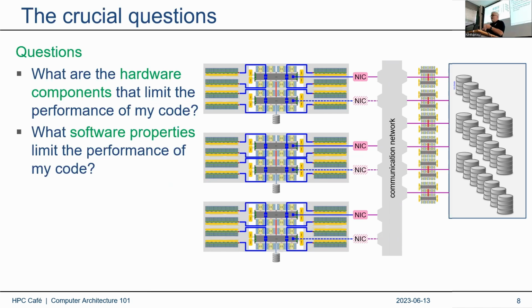Because if you know what is the hardware factor that limits your performance, you could choose a better cluster next time. You could apply for resources at a computing center that has more of that resource, whatever it is. And second question, what software properties limit the performance of my code? Because it's not only the hardware sometimes, it's also the software that cannot scale better, that cannot perform better because there is something in the software that should be improved.